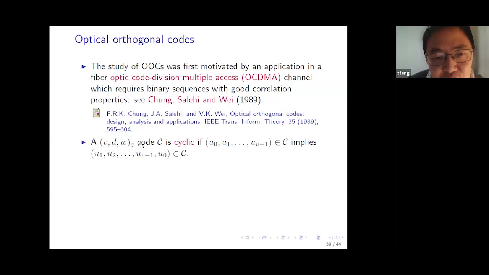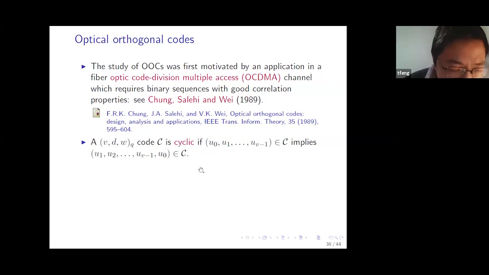Here Q means the Q-ary code, and each code word is a vector of length V. And here D means Hamming distance, and W means each code word contains W non-zero elements, or the Hamming weight. A V, D, W, Q code is cyclic if we take any one code word from the code and do a cyclic shift, and it is also a code word.